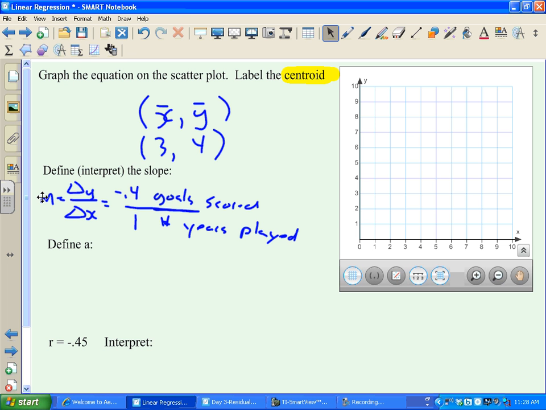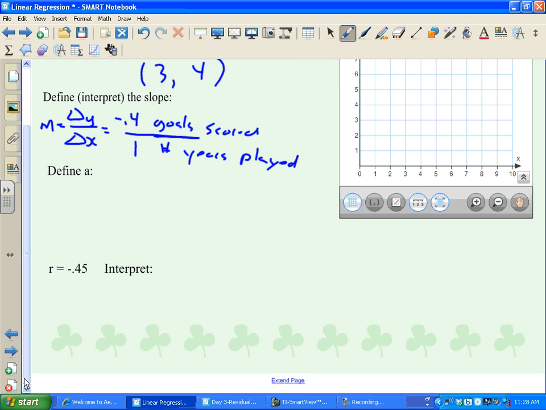Define A, as I told you, that is the y-intercept. This is, again, a predictive model. In this case, A is 5.2. So on this problem, an A value of 5.2 would mean, in this problem, the y-intercept has some meaning.